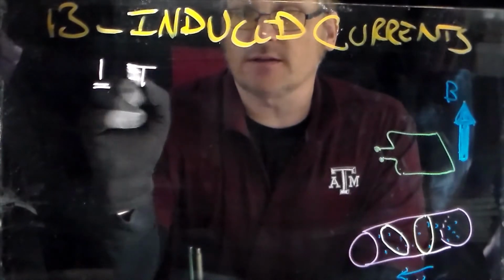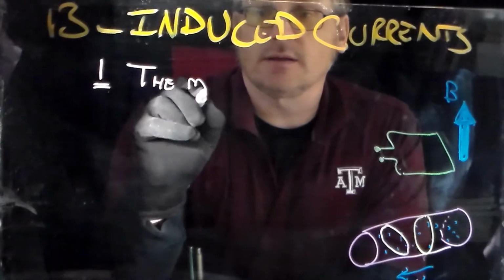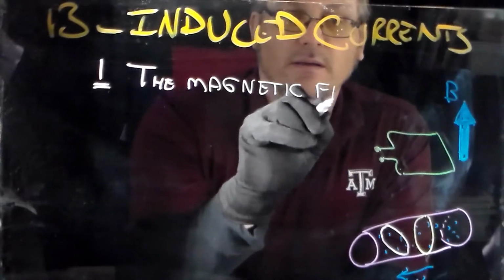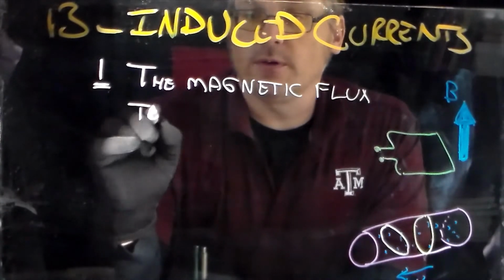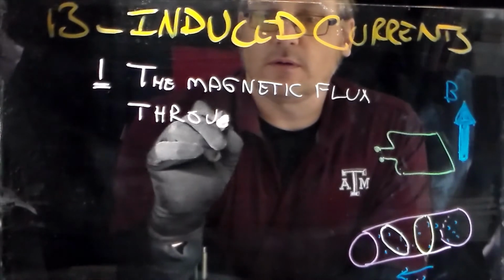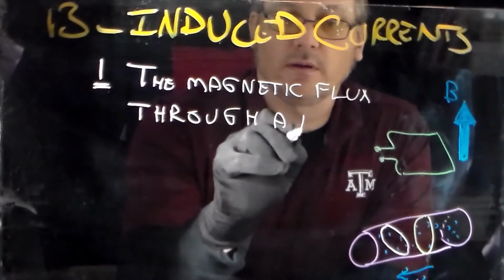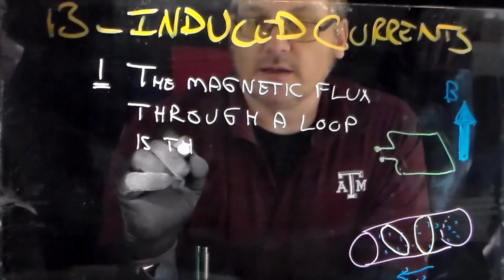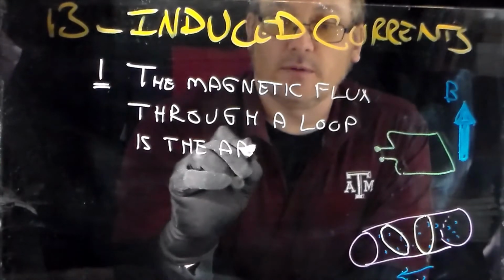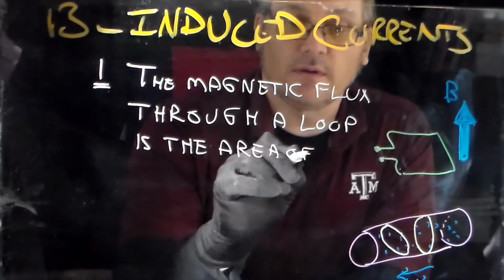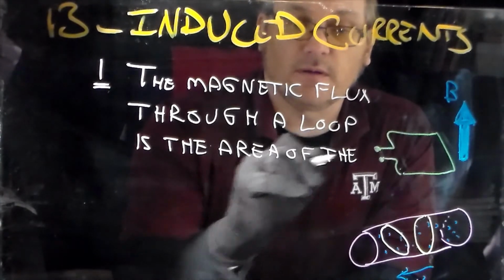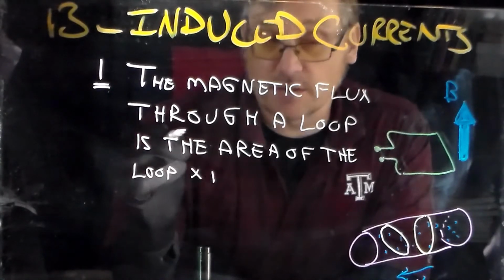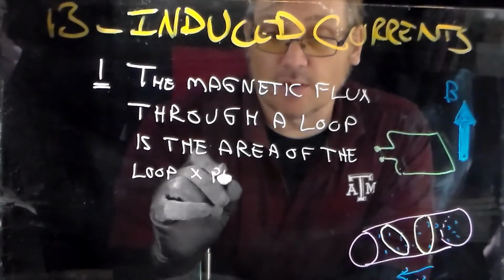And the magnetic flux through a loop is the area of the loop times the perpendicular field.